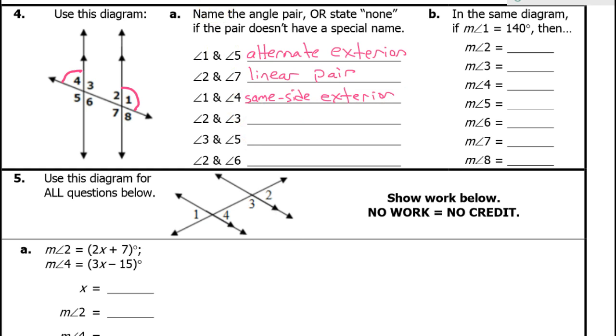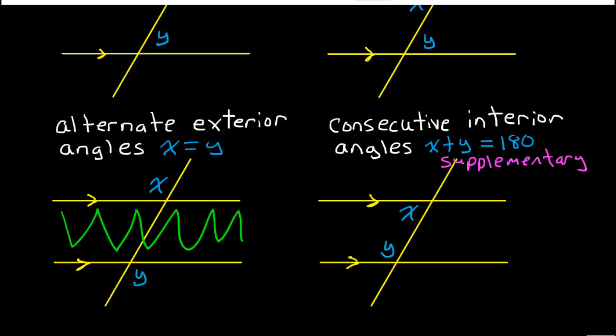Okay, how about angle 2 and 3? These are interior angles, they're between the lines, and they're not alternate interior, they are on the same side. When I was young, we called these same side interior angles, but apparently we're calling them consecutive interior angles these days.